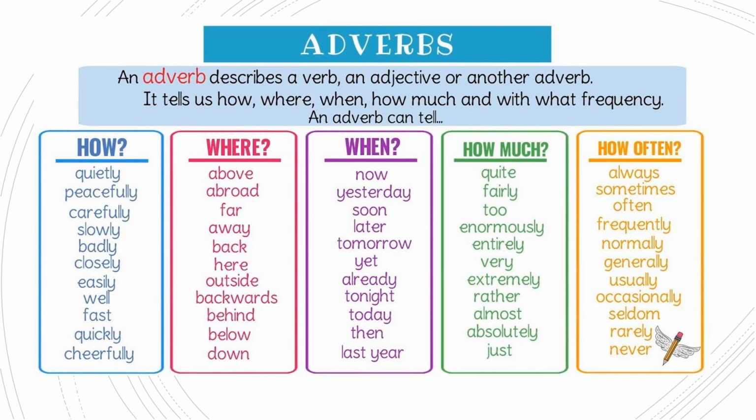Similarly, when, that tells you time, when something has happened: now, yesterday, soon, later, tomorrow, already, tonight, last year, then. So that is how, when. Then comes another column, that is of how much, like with what intensity something happens: enormously, entirely, very, extremely, rather, almost, absolutely.